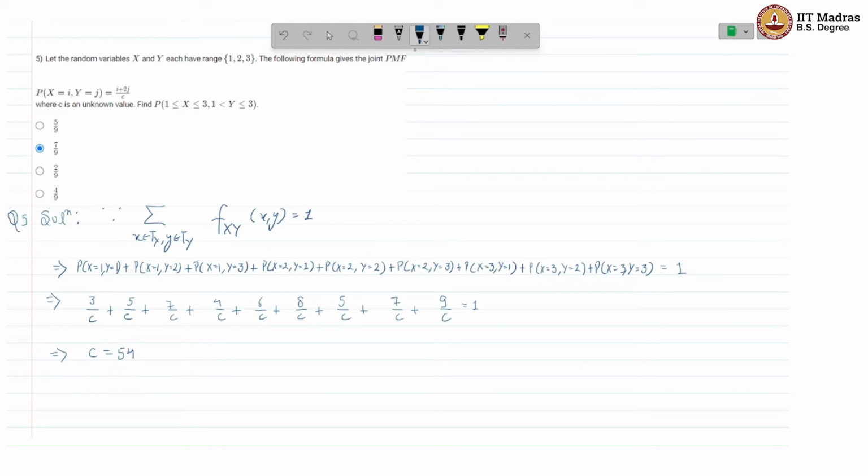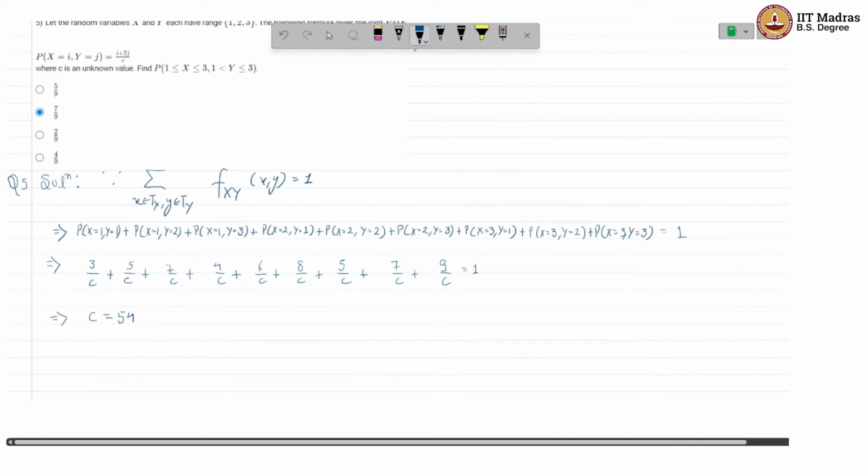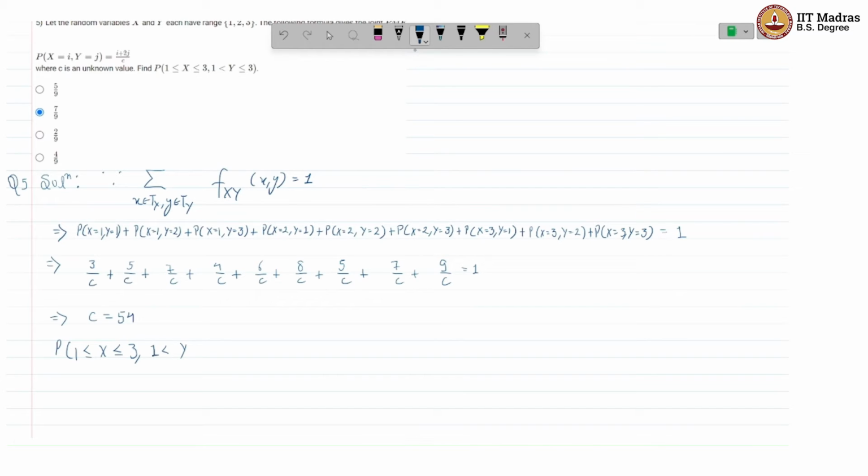Now finding the required probability, that is probability of x being greater than equal to 1 and less than equal to 3 and y being greater than 1 and less than equal to 3.